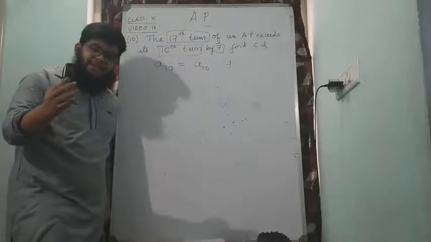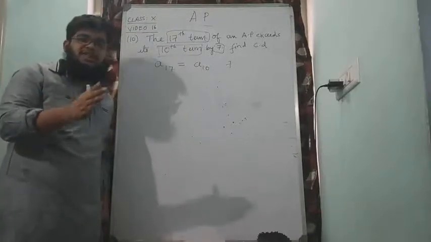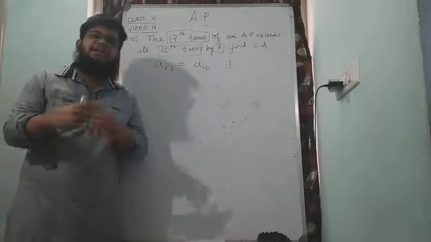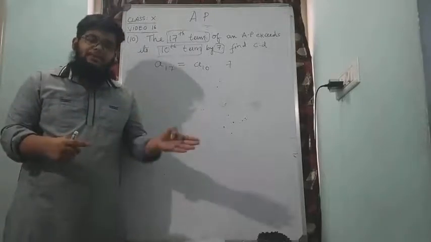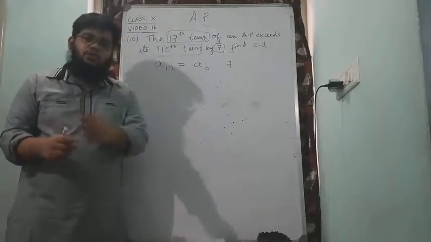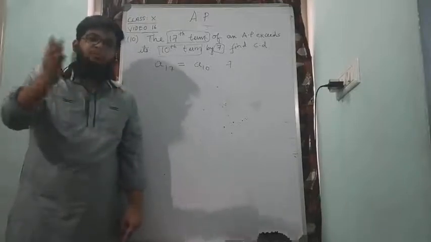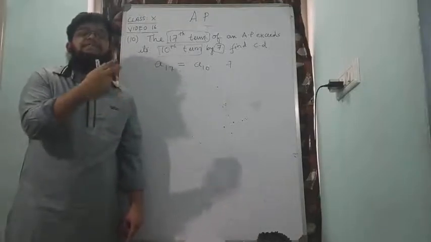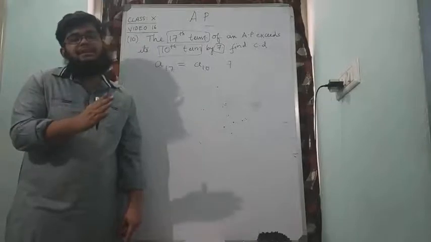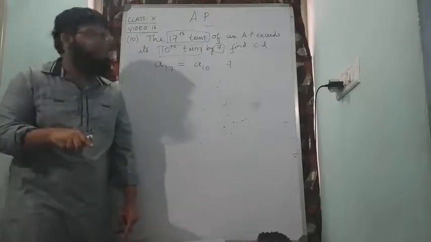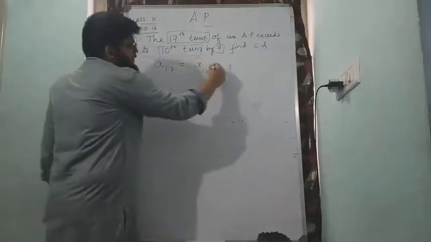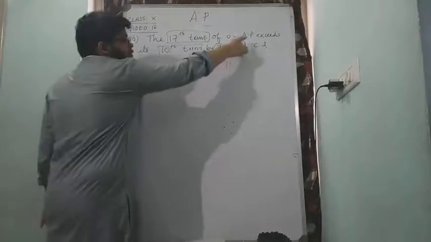And when I say increase, it means addition, no? Because in addition, what is happening? Things are getting increased. Example, 2 plus 2 will become 4. So it got increased. 2 became 4 by adding 2. It means exceeding. When I say the word exceeding, it means it is plus in mathematics. So I'll put A10 plus 7 because there is the word exceeding.